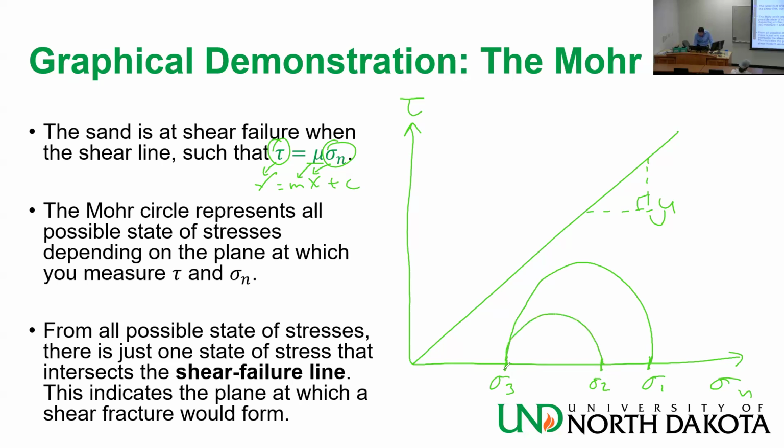Then it's gonna be like this, but it doesn't matter. The biggest tau, I'm getting it from the biggest difference between the two stresses. That's why I only care about sigma 1 and sigma 3. Sigma 2 doesn't have an impact based on the Mohr-Coulomb failure criterion. That's why I don't care where sigma 2 is. It can be anywhere between sigma 1 and sigma 3. It won't yield a bigger tau. So the biggest tau I can ever get, tau max.